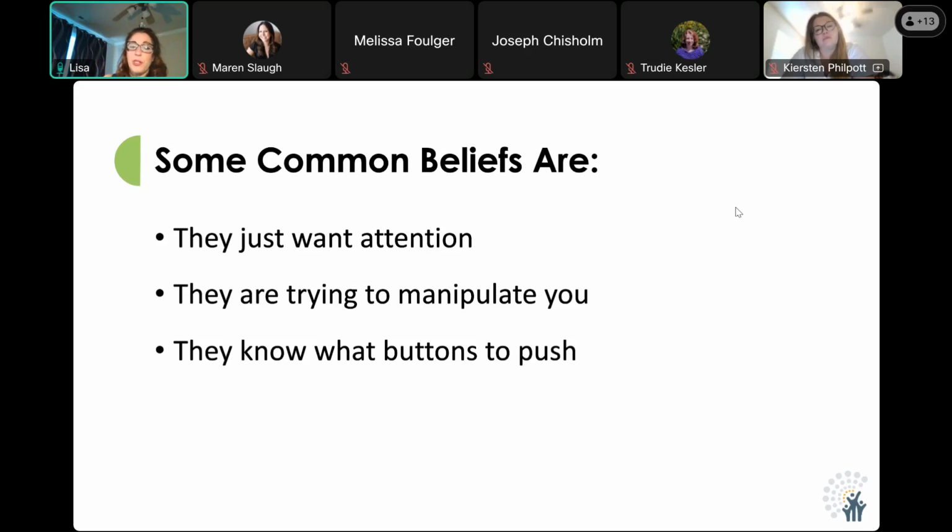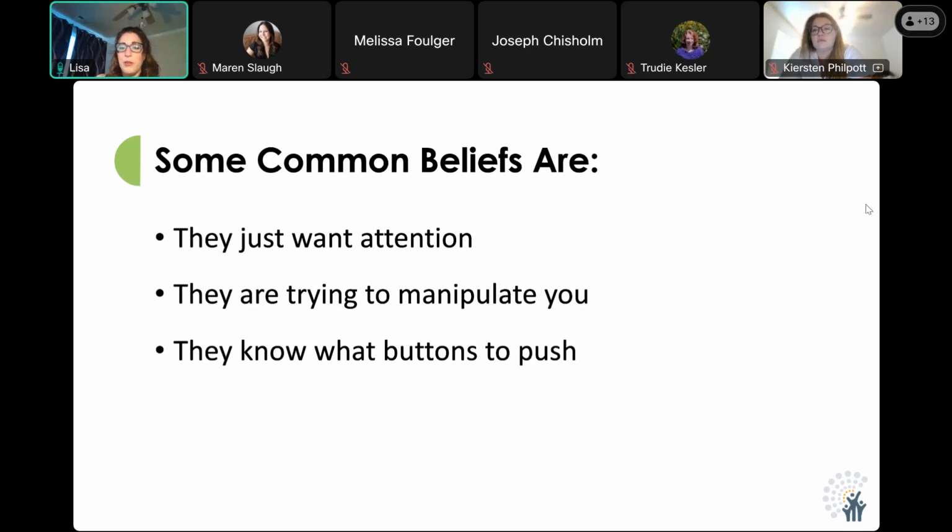And then, do they know what buttons to push? Yes, some kids really do figure this out, and they like to see that reaction in mom or dad. That for whatever reason is entertaining to some children. And so by not allowing them to see that reaction from you, by staying calm, they're not going to get that satisfaction.